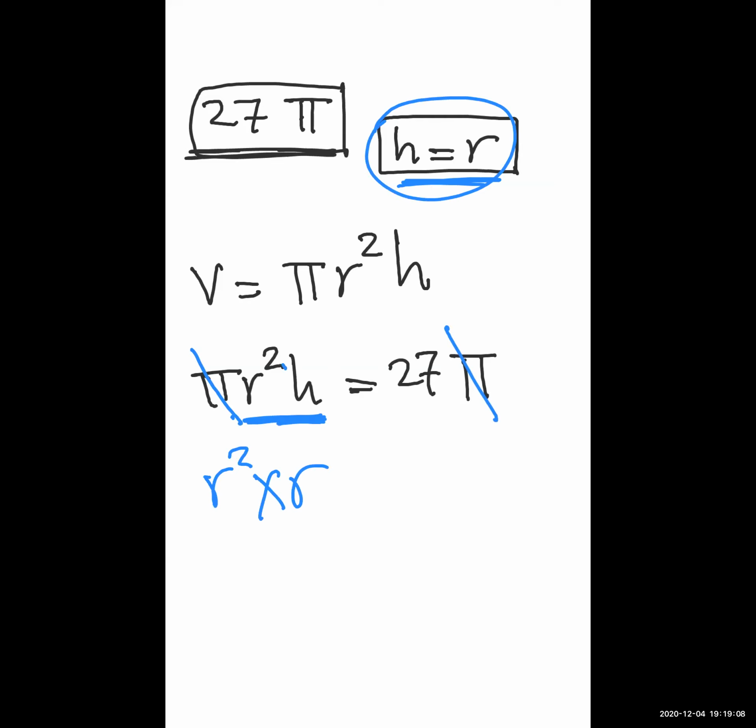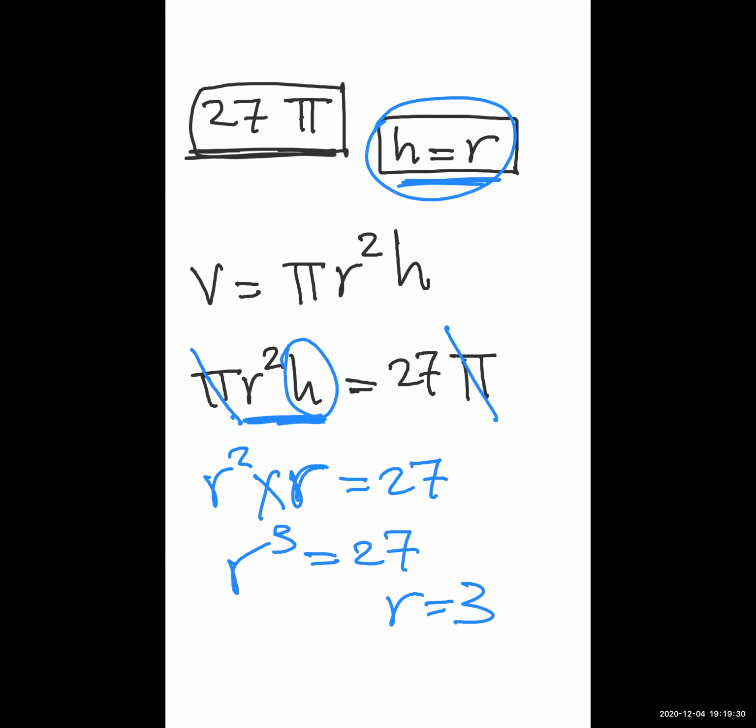I just removed the height and placed the radius. So it will equal 27. So now r power 3 will equal 27. So the radius will equal the cubic root of 27, which will equal 3. Now it's clear? Sorry, can you repeat it again?